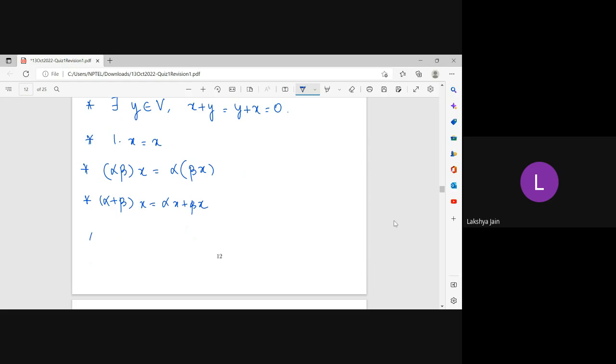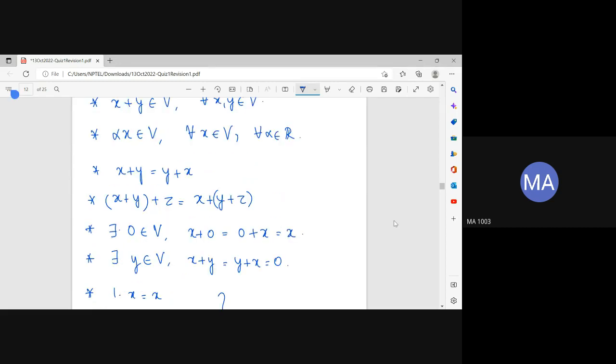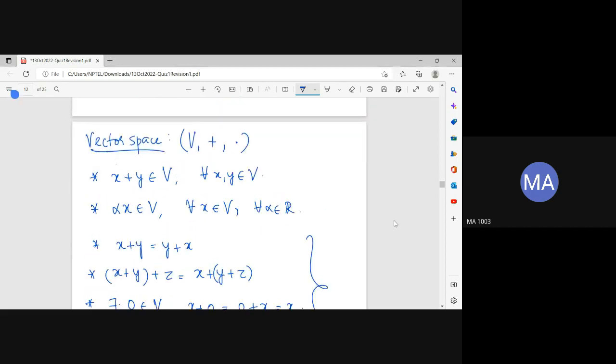And alpha times x1 plus x2 should be alpha x1 plus alpha x2. These are the distributivity properties: 2 properties about the scalar multiplication, 4 properties about the addition, and the closure properties. So if all these 10 conditions are satisfied, then a set along with this plus and dot is said to be a vector space.